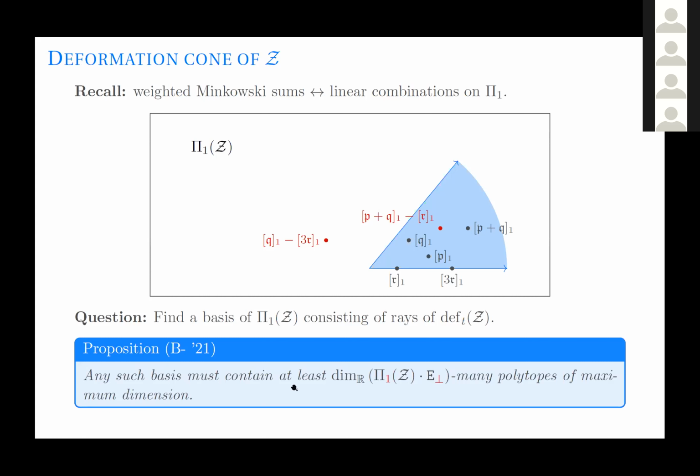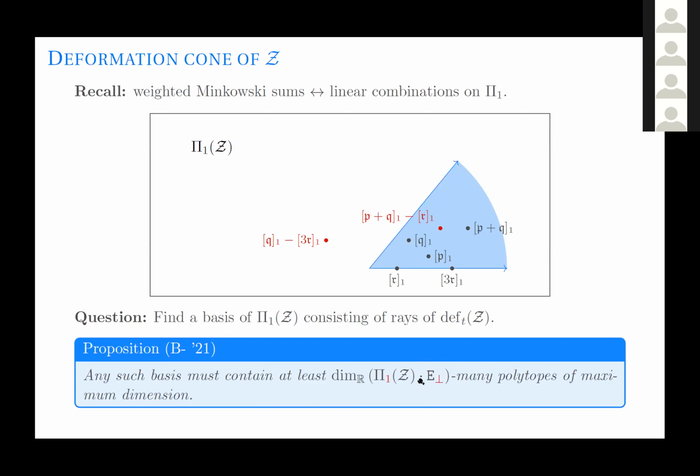This proposition right here is telling us that if we're going to pick a certain collection of rays of the cone that form a basis for this space, we are going to need at least this many rays that represent full dimensional polytopes, or maximal dimension polytopes, polytopes of the same dimension as C. And the reason is very simple. There's a technical lemma behind this, but the idea is that if I have something that is not full dimensional, when I project with this idempotent, this is the idempotent associated to the minimum flat.